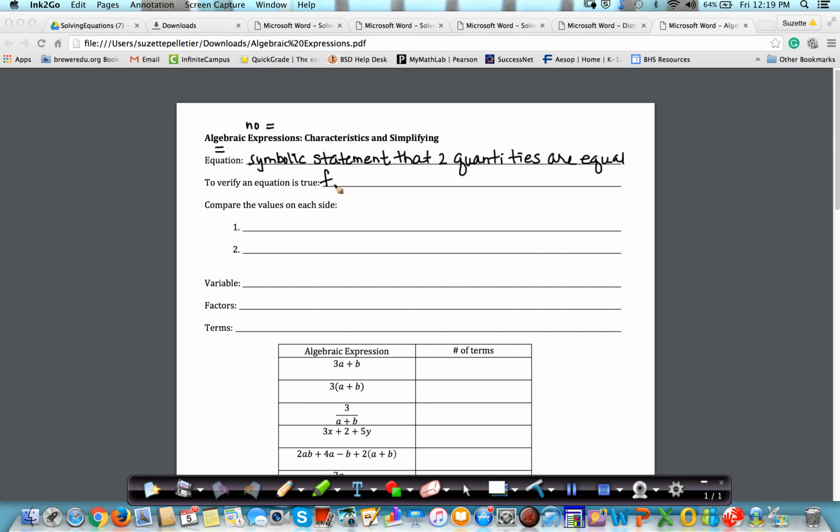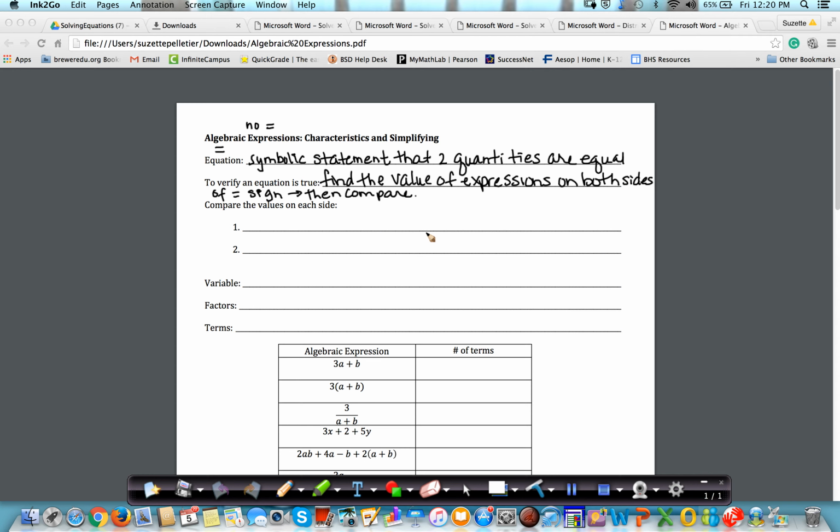What you do is you find the value of the expressions on both sides of the equal sign, and then compare. So you compare the values on either side of the equal sign.